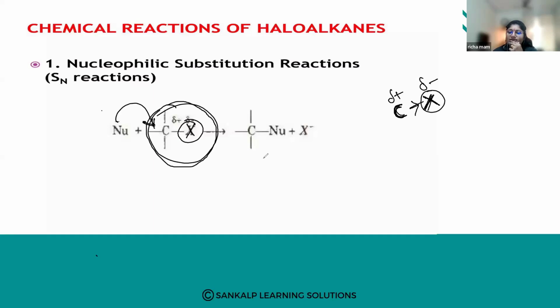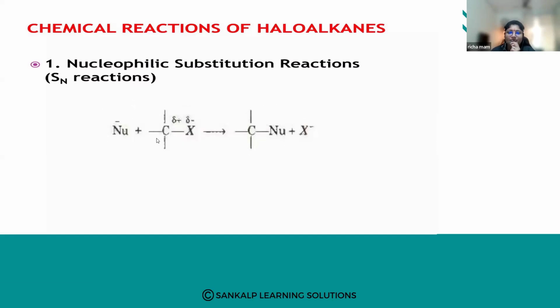The nucleophile will attack the positively charged carbon and you get this nucleophilic substitution reaction. The incoming nucleophile should always be stronger than your leaving group. This X is called the leaving group. It leaves here, and the nucleophile gets attached to the positively charged carbon and forms this nucleophilic substituted product. So this is a nucleophilic substitution reaction.